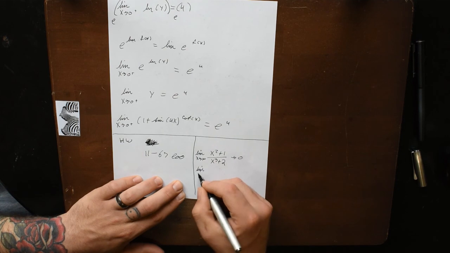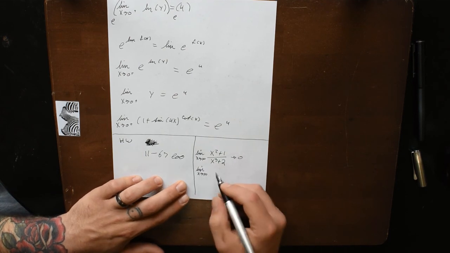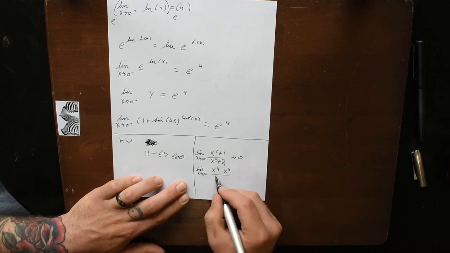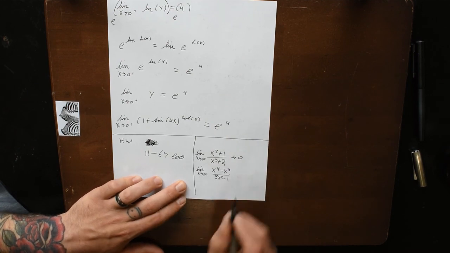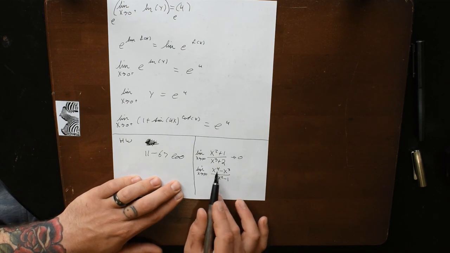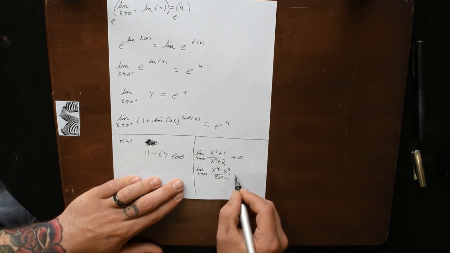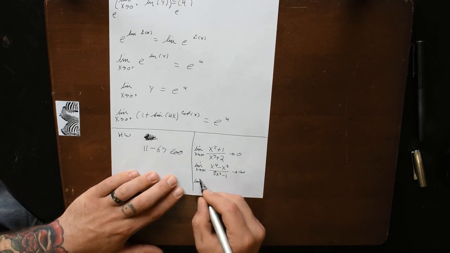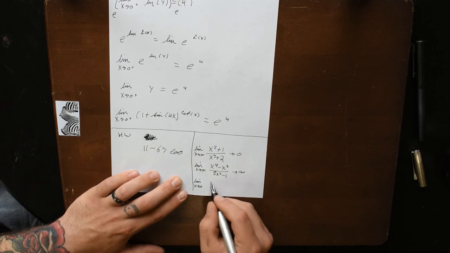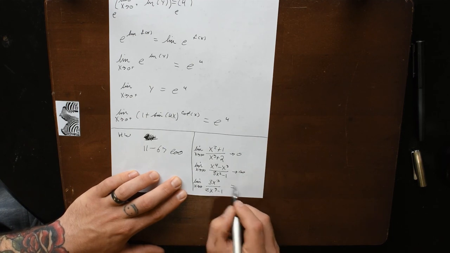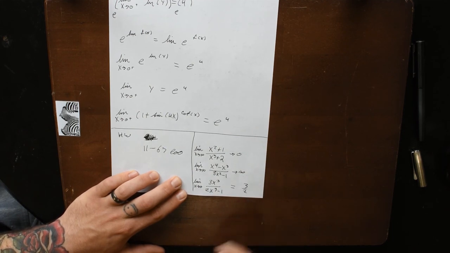Limit as x goes off to positive infinity, let's say x to the 4th minus x cubed all over 3x squared minus 1. Well, now if you look, the degree of the denominator is smaller than the degree of the numerator. This will go off to positive infinity. And the limit as x goes off to infinity, let's say 3x cubed all over 2x cubed minus 1, is going to go to 3 halves.